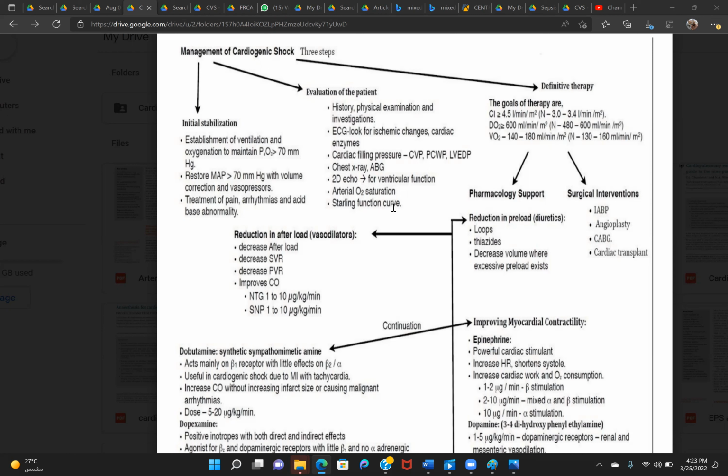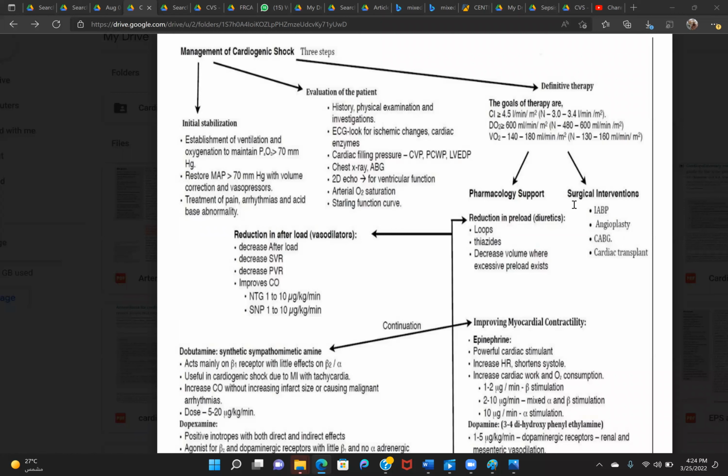So you have to take all these things into consideration. Then your goals will be in the form of mean arterial blood pressure or cardiac index, and oxygen delivery.